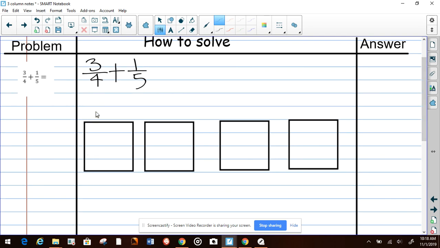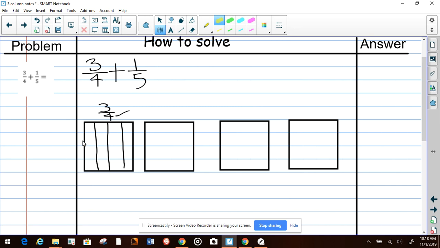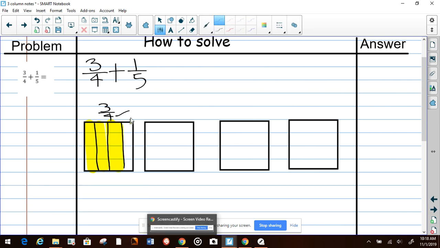This is going to be 3/4. The denominator tells me that I have 4 parts, and it also tells me that 3 of them are shaded: 1, 2, 3. Now we're going to add that to 1/5.